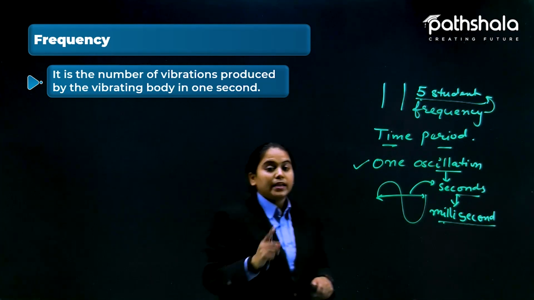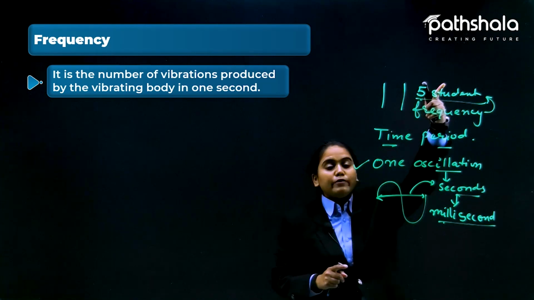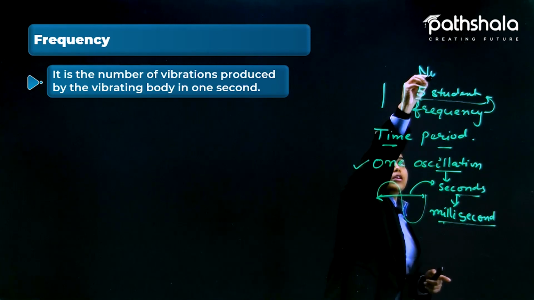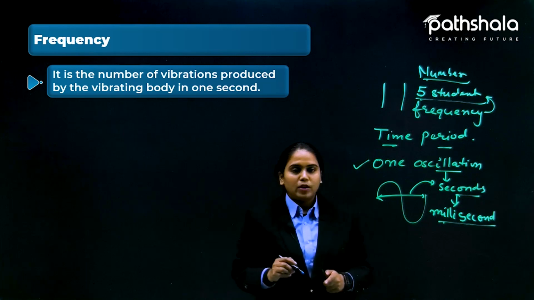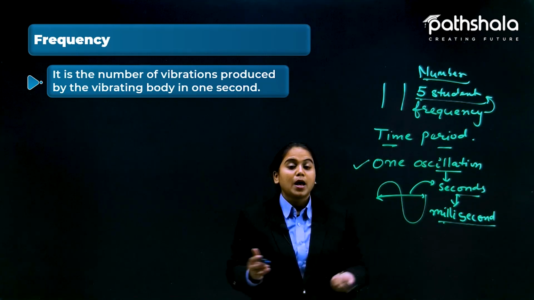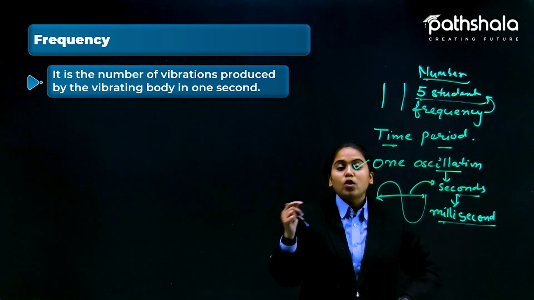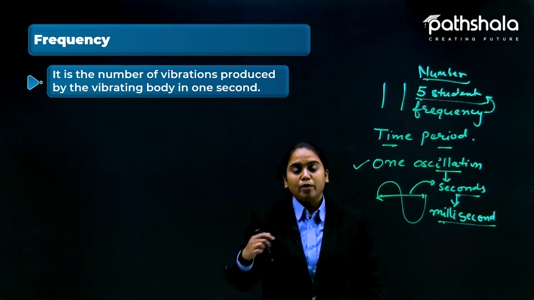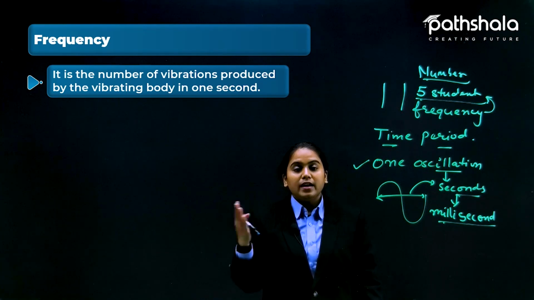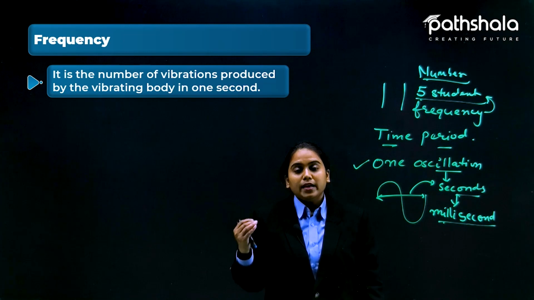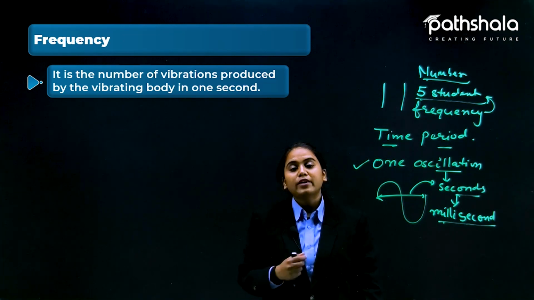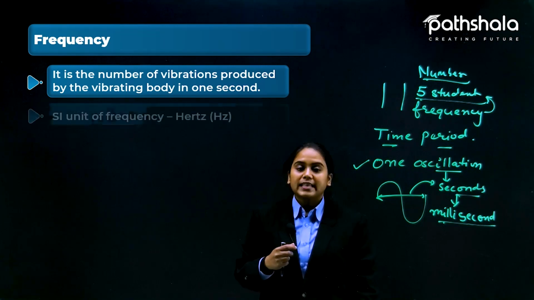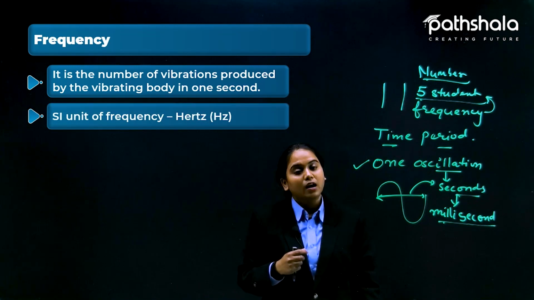But because 5 students is just a number, will there be any kind of SI unit? No, because a number does not have an SI unit. But because the frequency was first told to us by the scientist Hertz, in respect of him we have put the SI unit of frequency as Hertz.